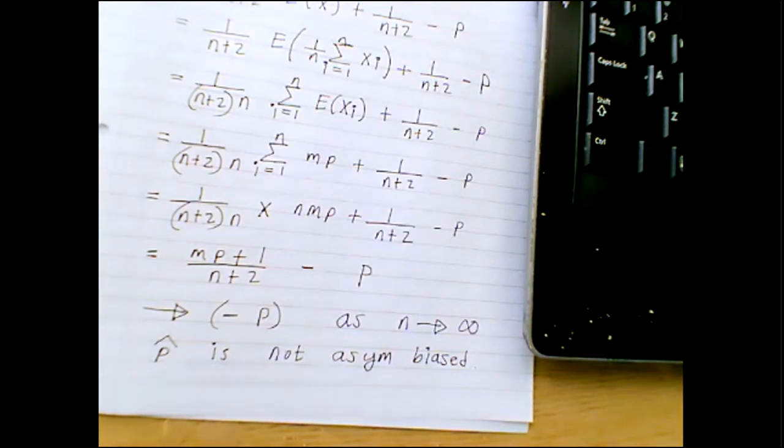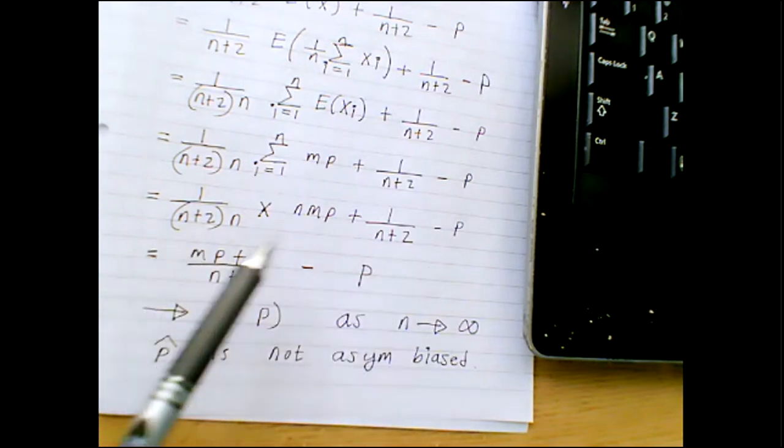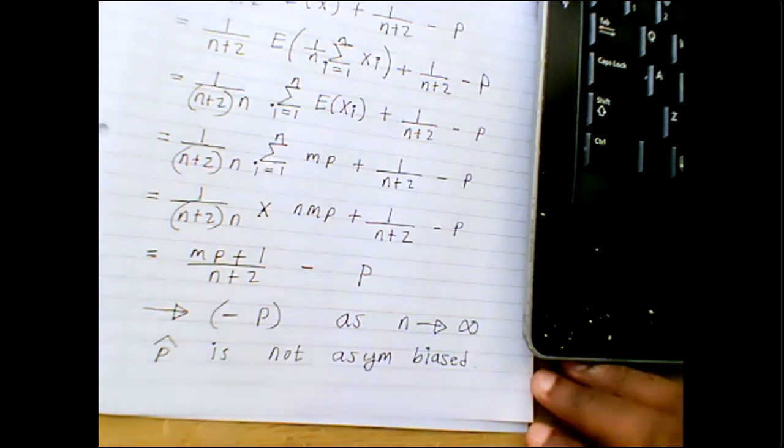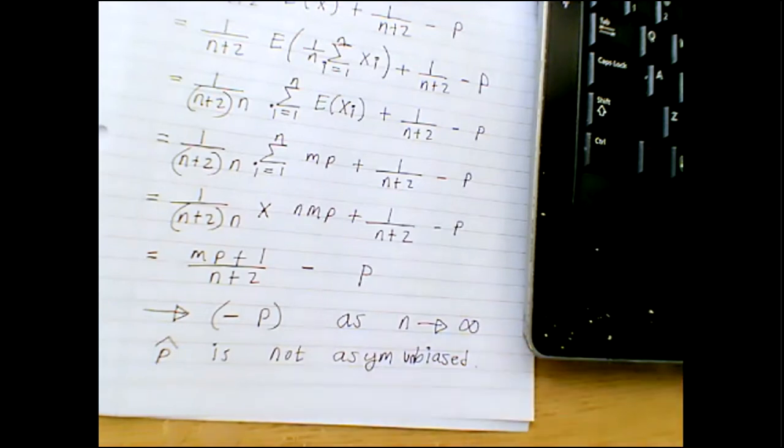Remember, an estimator whose bias goes to 0 as n approaches infinity is said to be asymptotically unbiased. But in this case, the bias, which is given by this, approaches minus p as n approaches infinity. So therefore, p hat is not asymptotically unbiased.